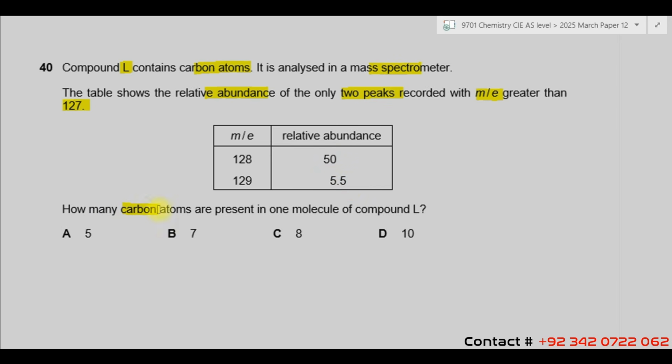How many carbon atoms are present in one molecule of compound L? Alright, so this 128 and 129 can be referred to as molecular ion peak. So this is M plus and this is M plus 1. It can be because of carbon 13 isotope.